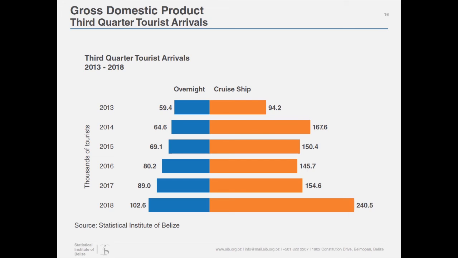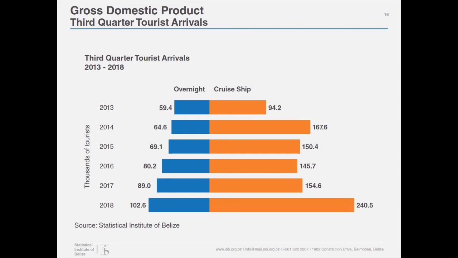So the overnight visitors increased by almost 14,000, and this is seen here, coming from 2017 at 89,000 tourists to 102.6 thousand tourists visiting. And this is as a result of the number of direct routes increasing to Belize.